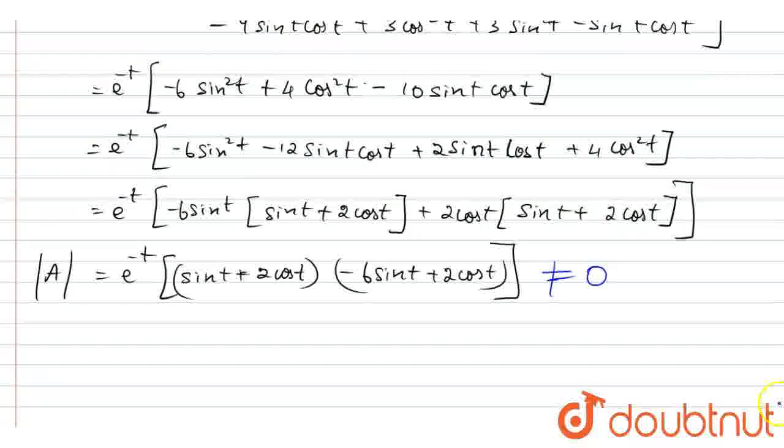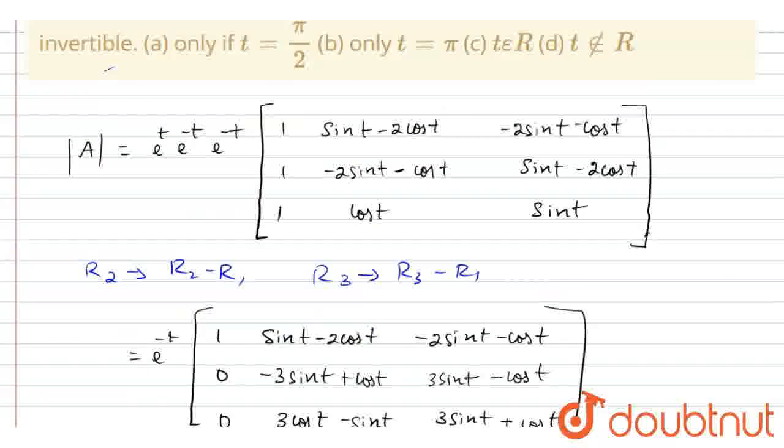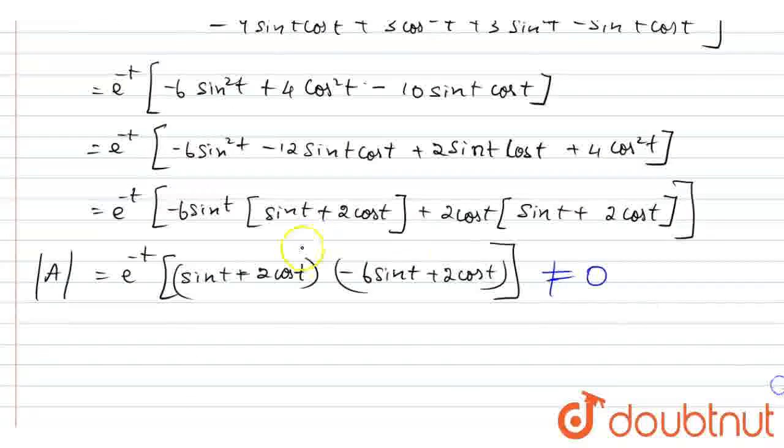Okay students, now I am going to substitute the values here, t belongs to R. So if I substitute pi by 2, sin pi by 2 is 1, cos pi by 2 is 0, so here 1 into minus 6 is there, which is not equal to 0, right?